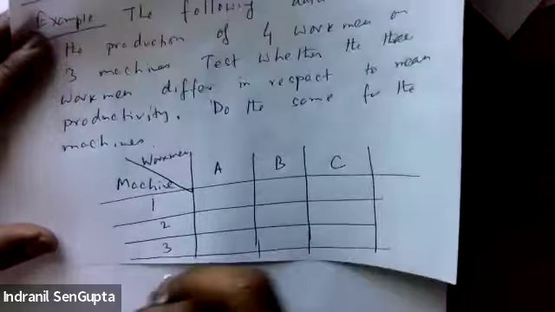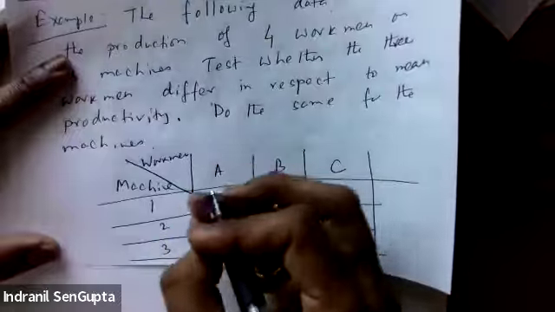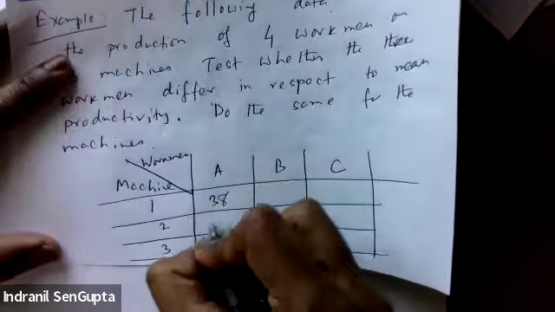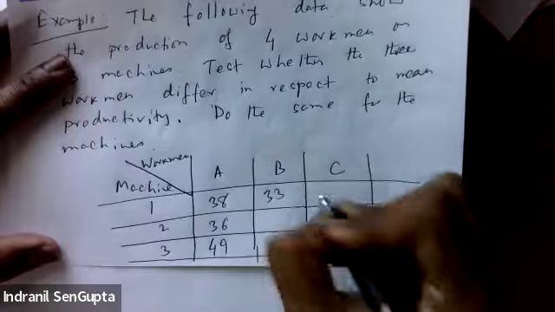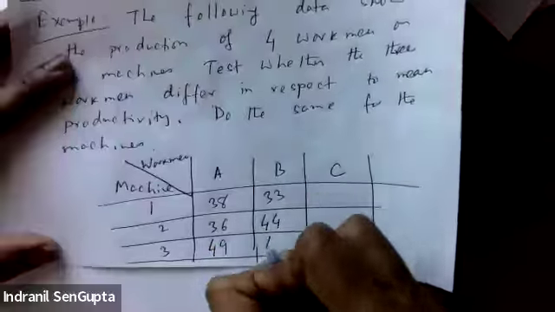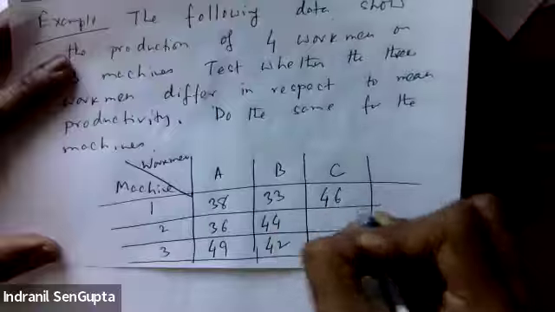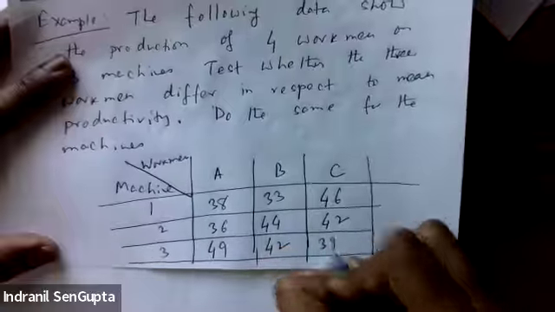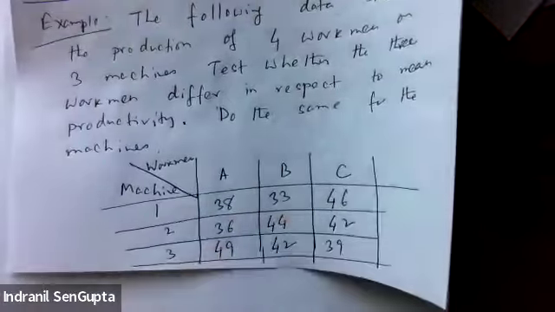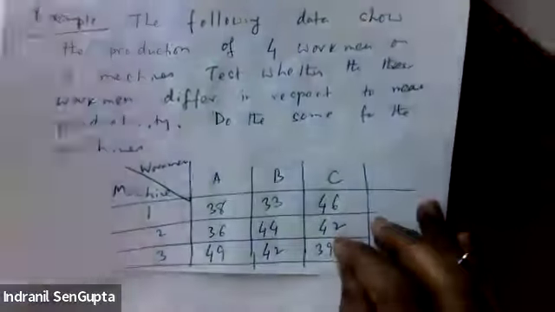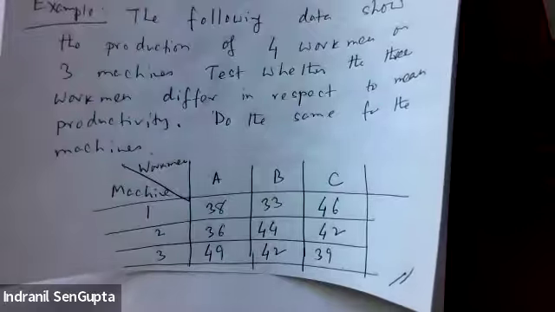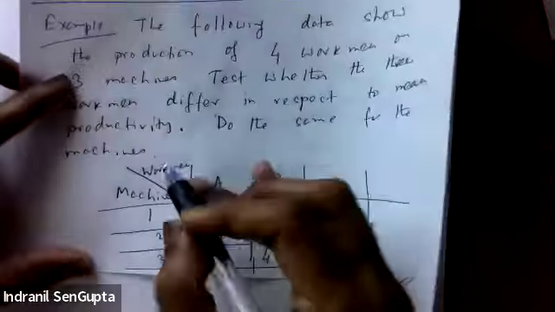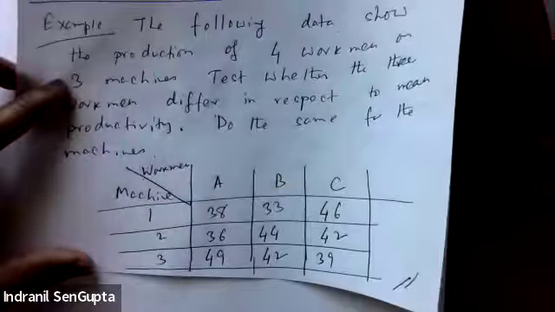What are the information given? Here it's 38, 36, 49, 33, 44, 42, 46, 42, 39. So these are the numbers which are given. Here, factor A is the machine, and factor B is the workman.